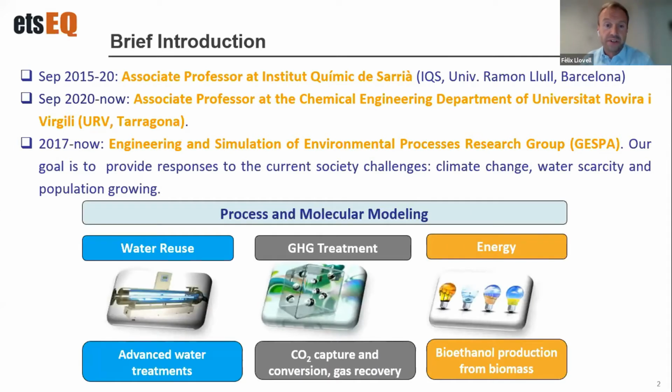Of course, there are different areas of research, one more devoted to water treatment, another one more on greenhouse gas treatment, and another one more on alternative ways to produce energy in a sustainable manner. But all of them are merged, of course, in one experimental side, but also in a process and molecular modeling side. And this is, let's say, where my expertise is and where I am going to focus my talk.